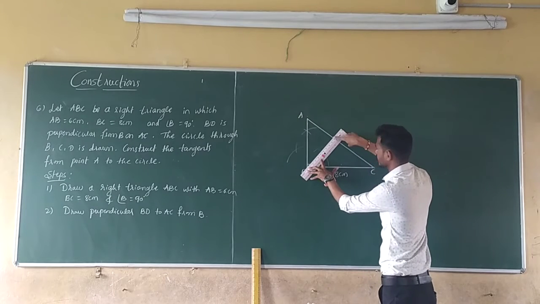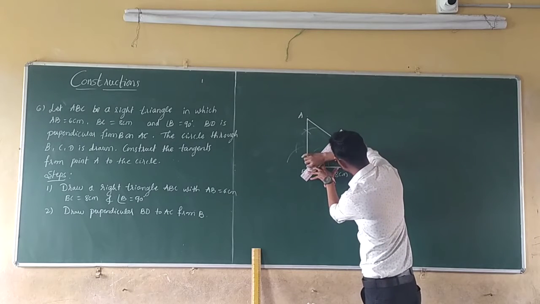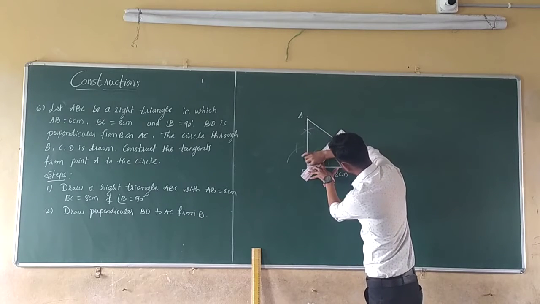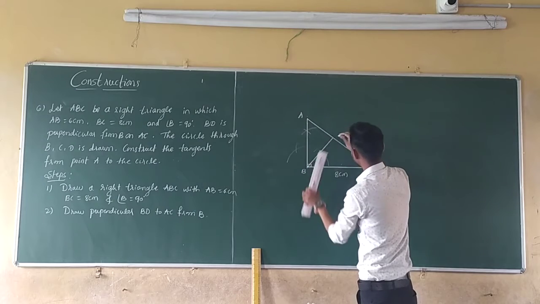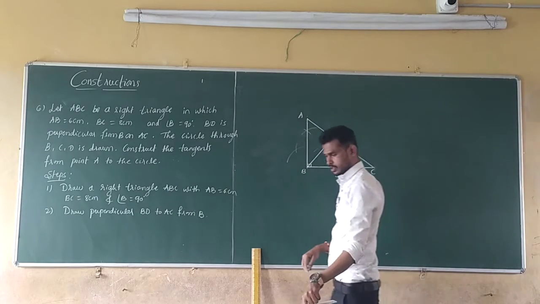Means this angle should be 90 degrees. Like that, you need to draw a perpendicular. This angle should be 90 degrees.